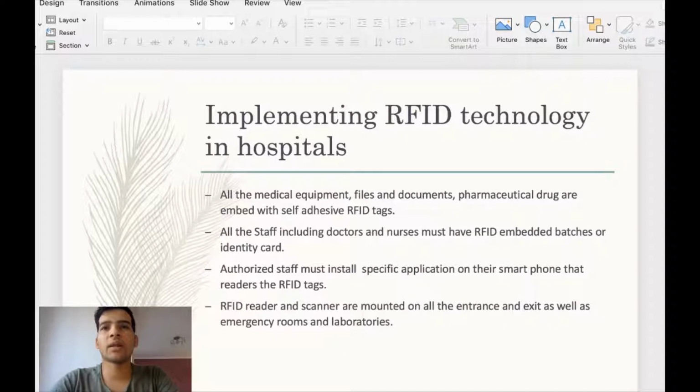RFID readers and scanners are mounted on all the entrances and exits of the hospital, including emergency rooms and labs. Lastly, authorized staff must install a specific application on their smartphone that reads the RFID tag, or they can use the portable RFID reader available in the hospital.